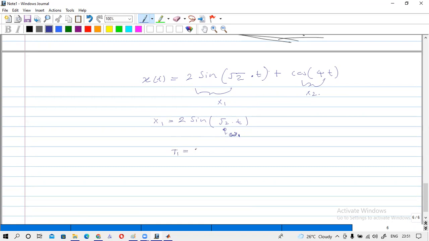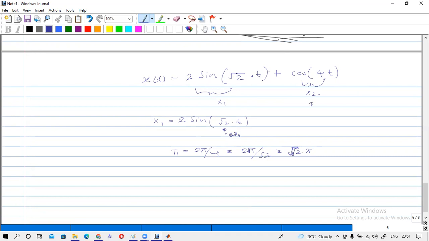The period is nothing but 2 pi by omega 1. You can use this as a known fact. So here you will get T1 is equal to 2 pi by root 2, that is root 2 pi. So this is the period of this first signal.